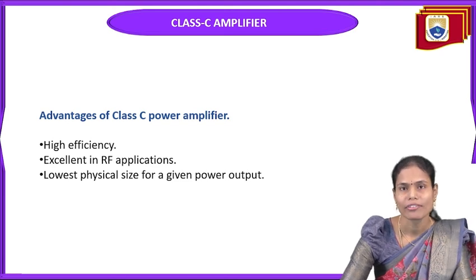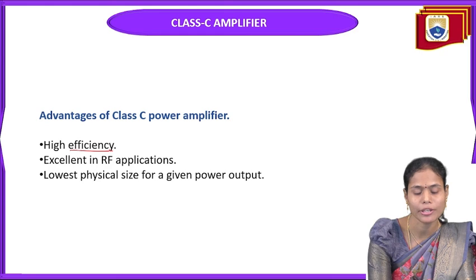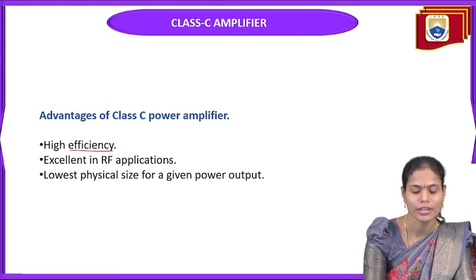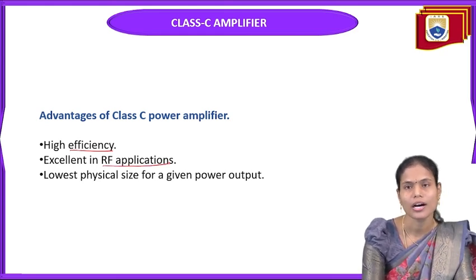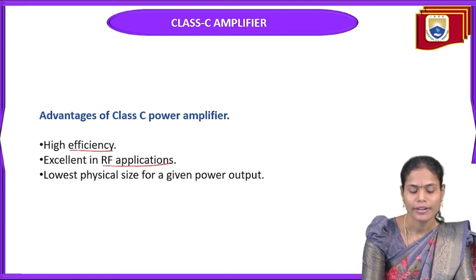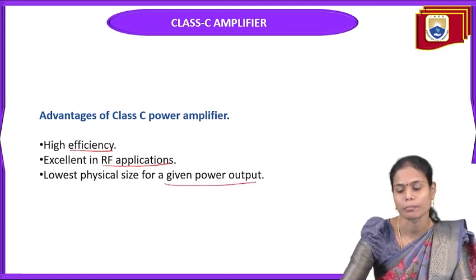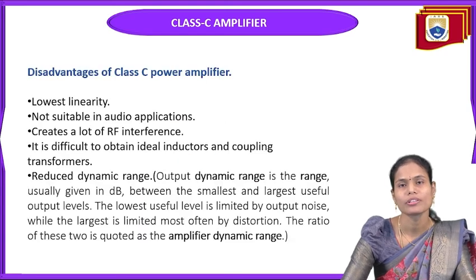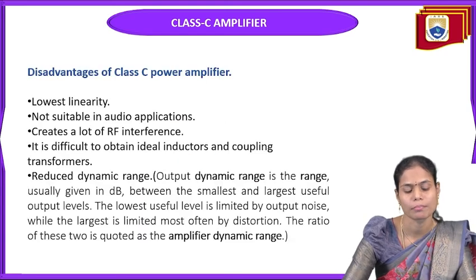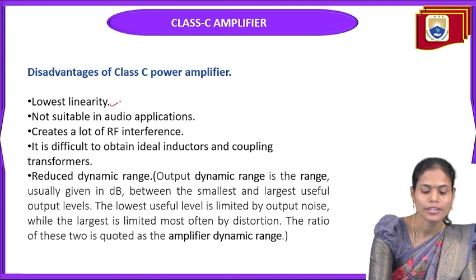While coming to the advantages of the Class C power amplifier, it provides the highest efficiency compared to all the remaining power amplifiers, it is useful in RF applications, and it is very small in size for the given power output. While coming to the disadvantages, linearity is very low.